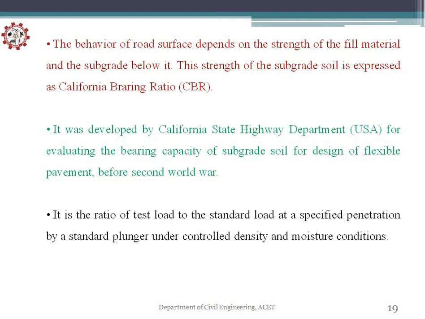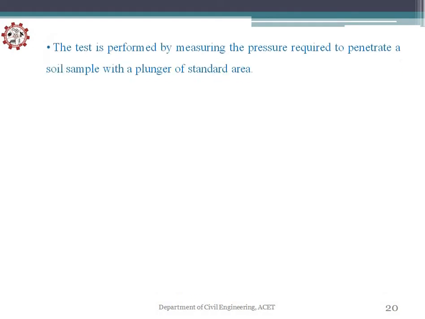It is the ratio of the test load to the standard load at a specified penetration by a standard plunger under controlled density and moisture conditions. The standard load is given in the book, so you can refer to Punmiya or any other book, and from the test you perform you will get the test value.